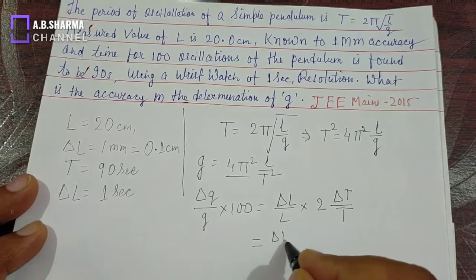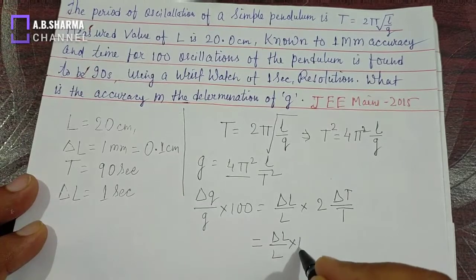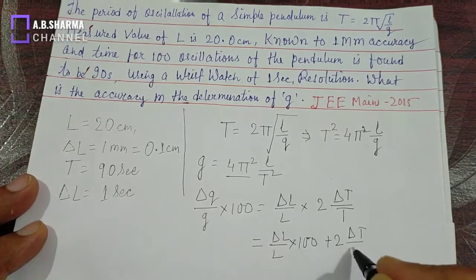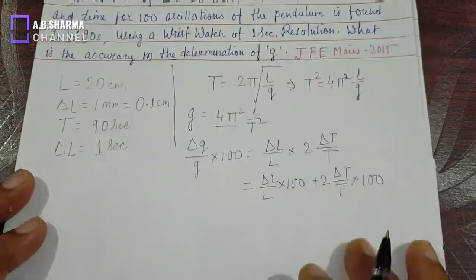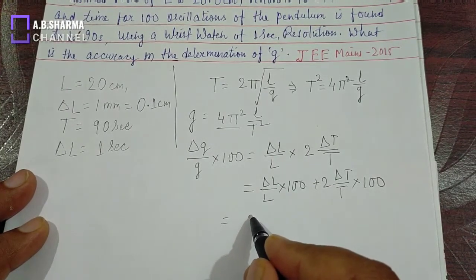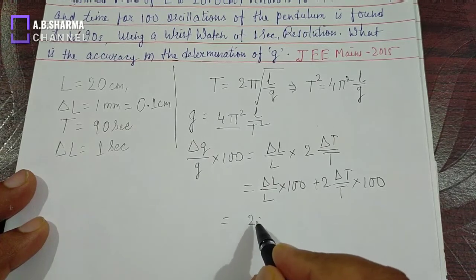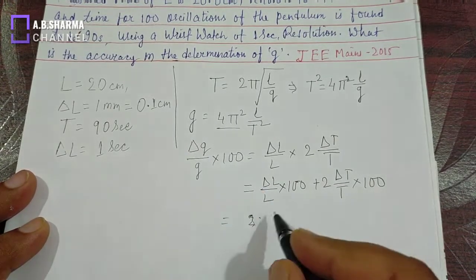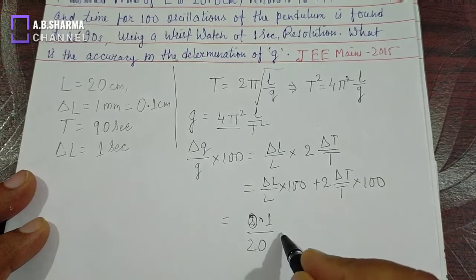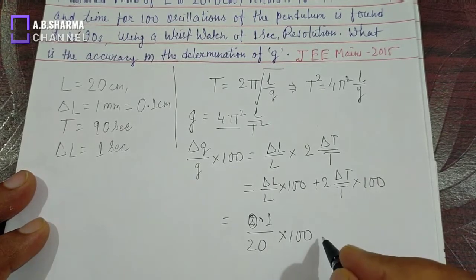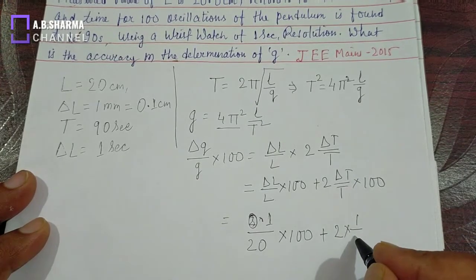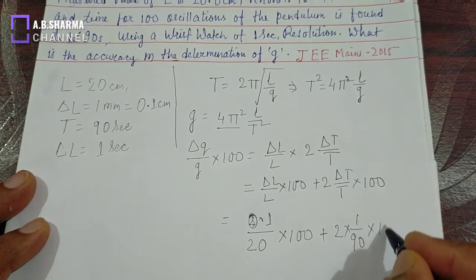This can be written as delta L upon L into 100 plus 2 delta T upon T into 100. Delta L is 0.1 by 20 into 100, plus 2 into 1 second, this is delta T, upon 90 into 100.